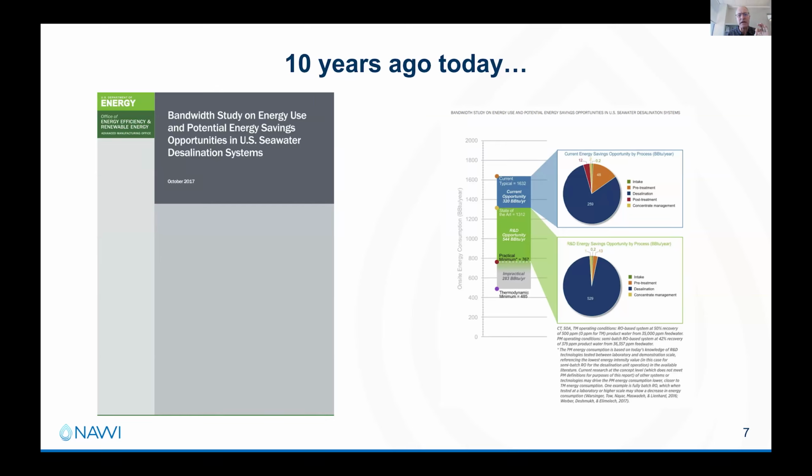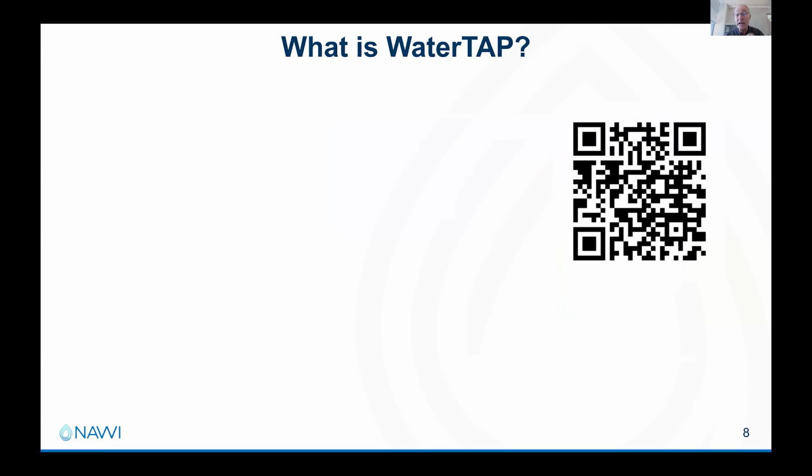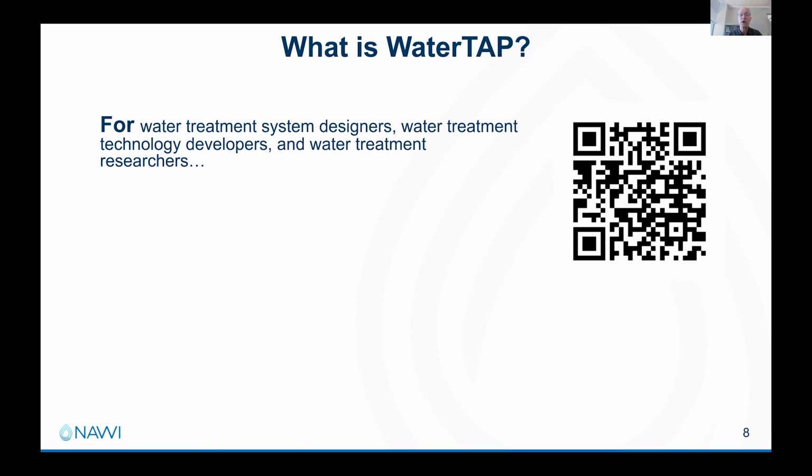What's really interesting to me is that this has turned out to be one of the key places where the NAWI program has delivered a huge benefit to the water community in general, and that is with WaterTAP. So what is WaterTAP? By the way, you can scan this code and it goes directly to NAWI's website with the WaterTAP information.